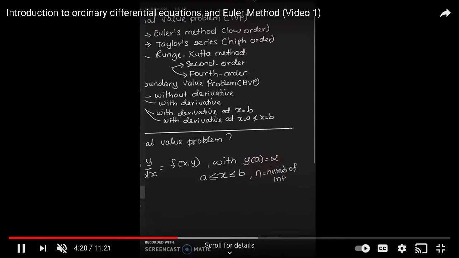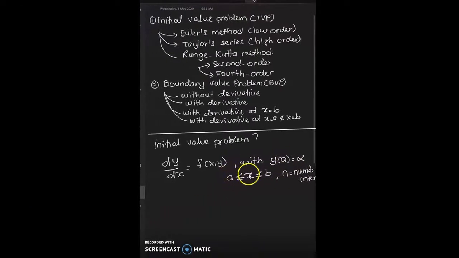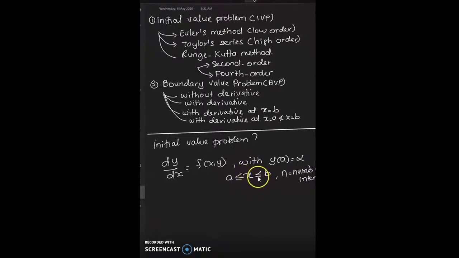And then you are always given the number of iterations, or number of intervals, or number of points, as n. n is equal to (b minus a) divided by h.